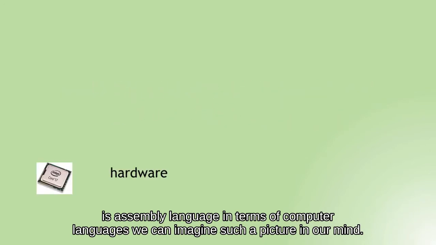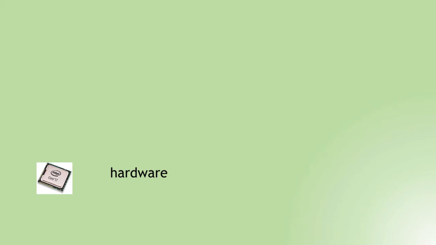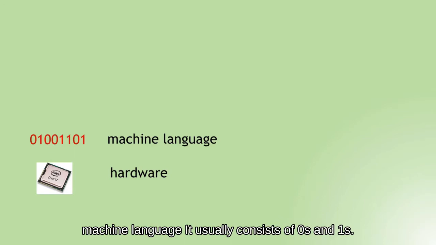In terms of computer languages, we can imagine such a picture in our mind that on the very bottom layer, that's the computer hardware, like the CPU, the memory, the video card, the audio card, the disks, the keyboard, the mouse, the monitor, and above that layer, that's called machine language.